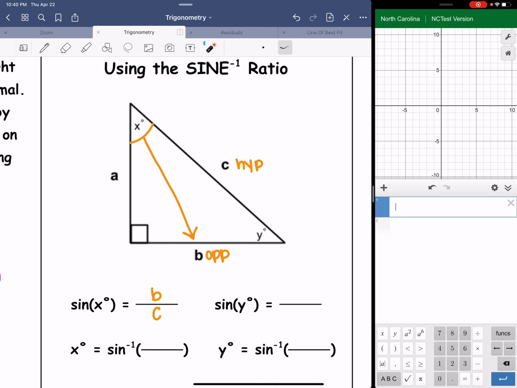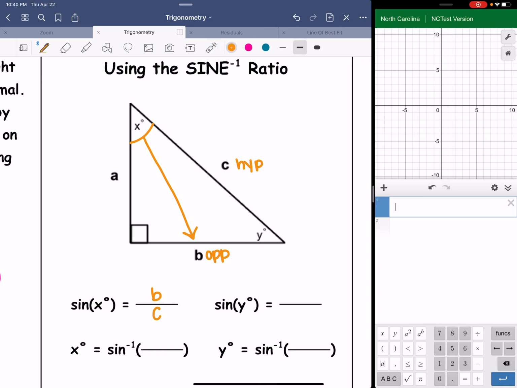For example, when we want to get rid of addition, we subtract on both sides. When we want to get rid of multiplication, we divide on both sides. So when we want to get rid of a sine, we're just going to do the inverse of that on both sides.